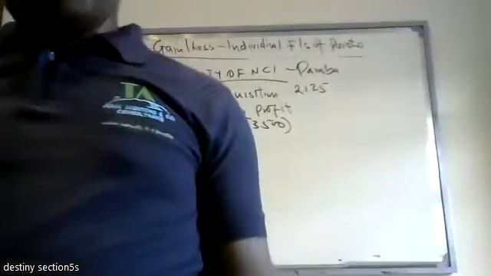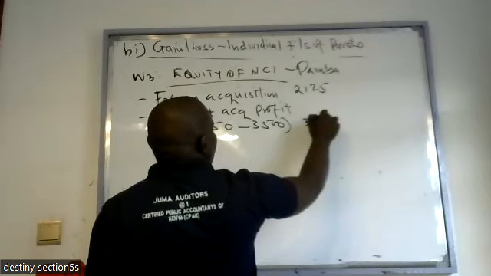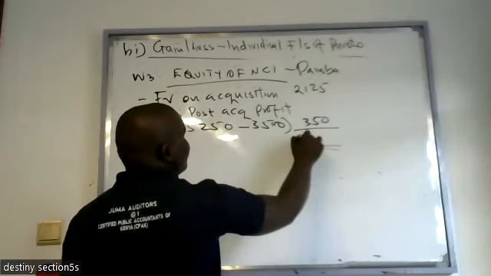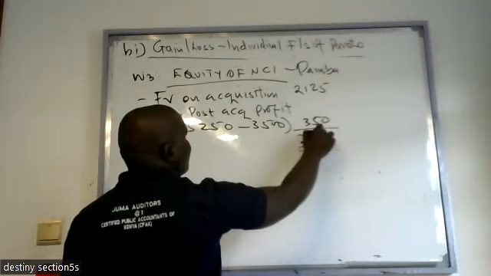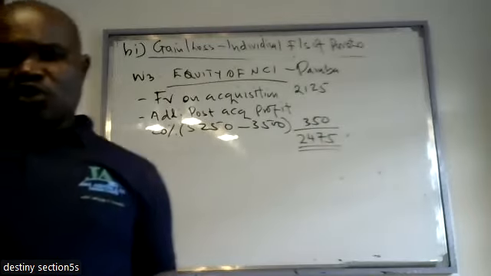So people are giving me 350, thank you. Therefore, what will go to the balance sheet will be 24.75.